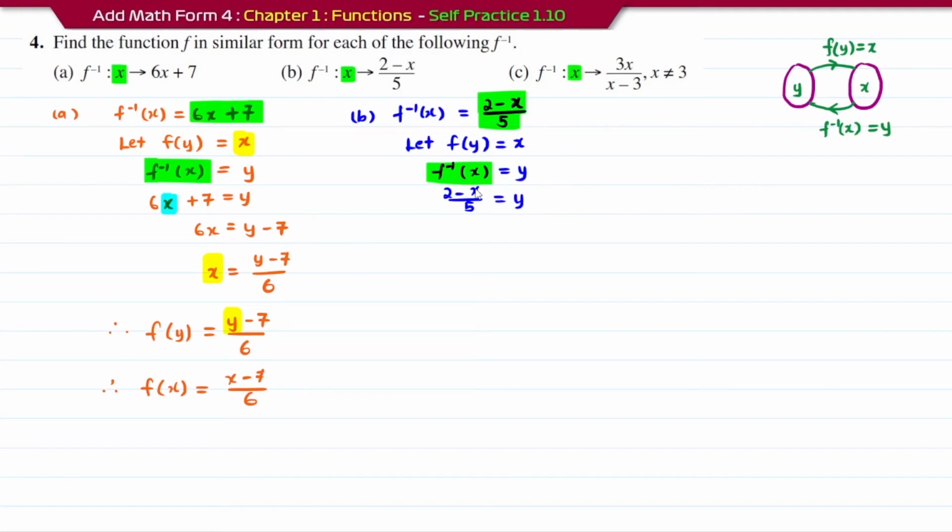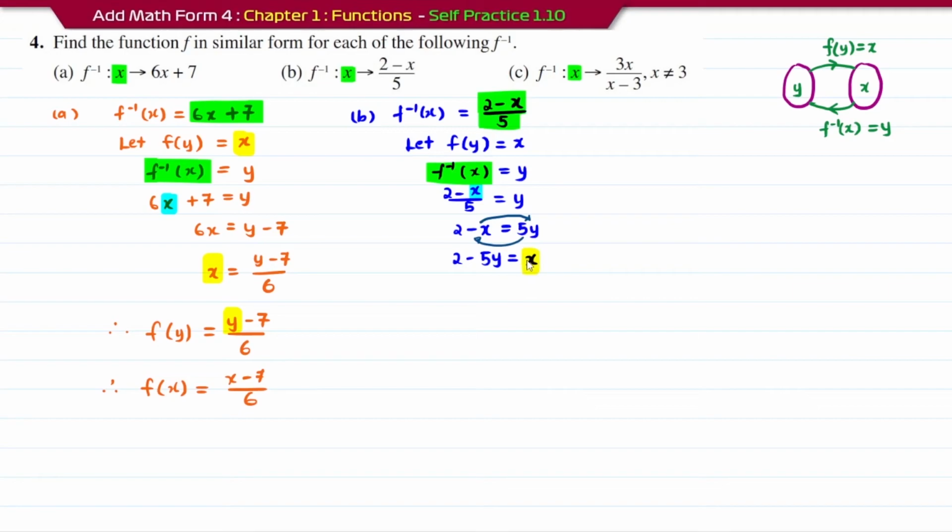Next, we're going to let the x become the subject of the formula. So move this 5 to the other side, become 5y. Next, I'm going to move this negative x here and the 5y to the other side so that our x will be in positive form. So 2 minus 5y is equal to x.